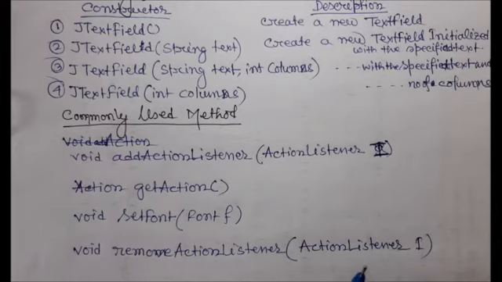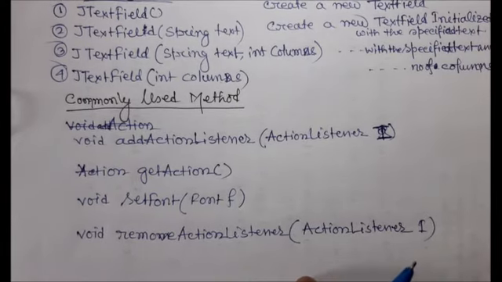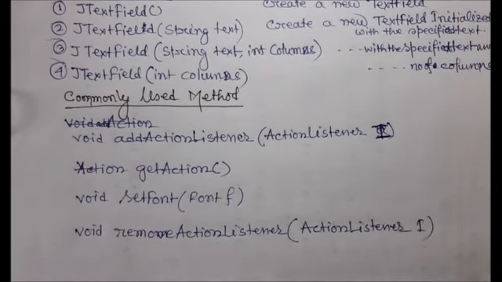And these are the commonly used methods associated with this JTextField. We have already discussed the action listener, because what will happen if I click on a button or click on a text box? So, the action listener function is very important. We will pass an action listener object through this.